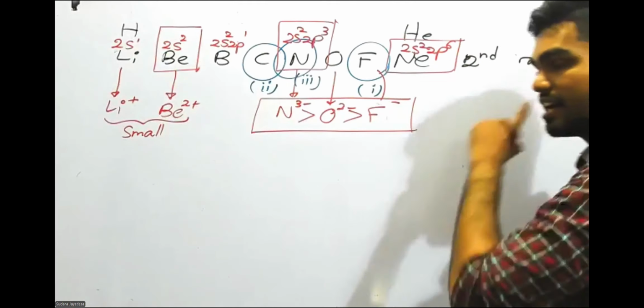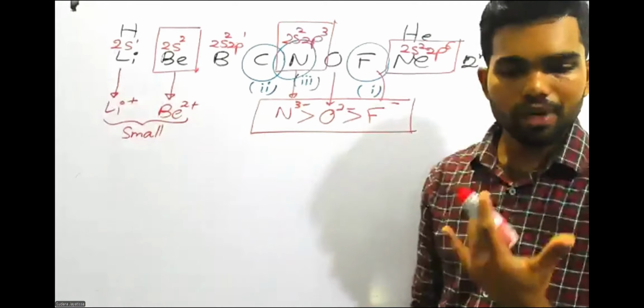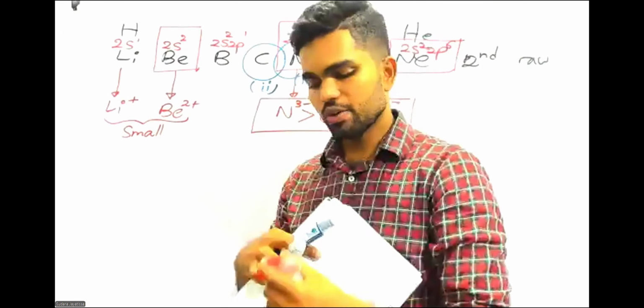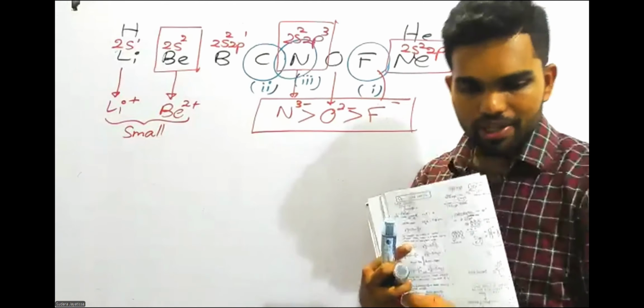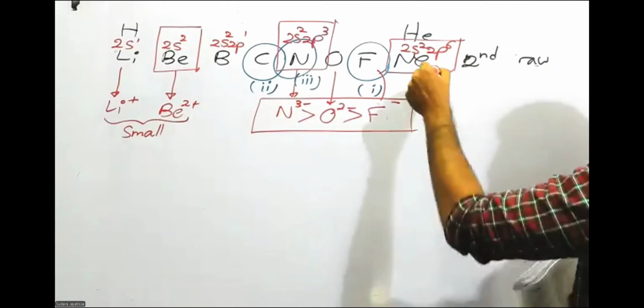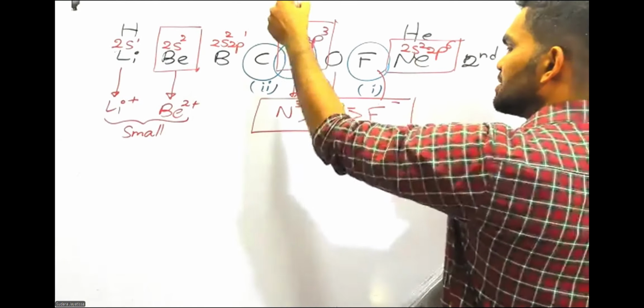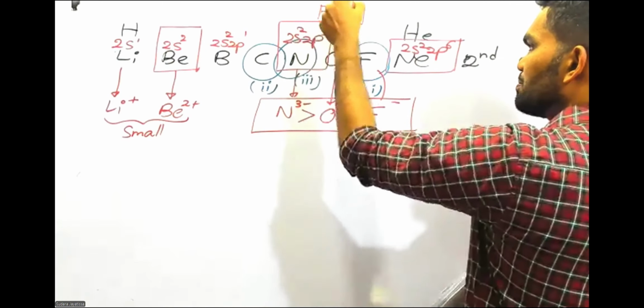You know that their sub-energy levels are either fully completed or half completed. If you have half completed or fully completed sub-energy levels, then they will be stable. That is the logic. Neon has a fully packed energy level. But nitrogen, you will see 2p3 is filled with 1 electron per orbital.